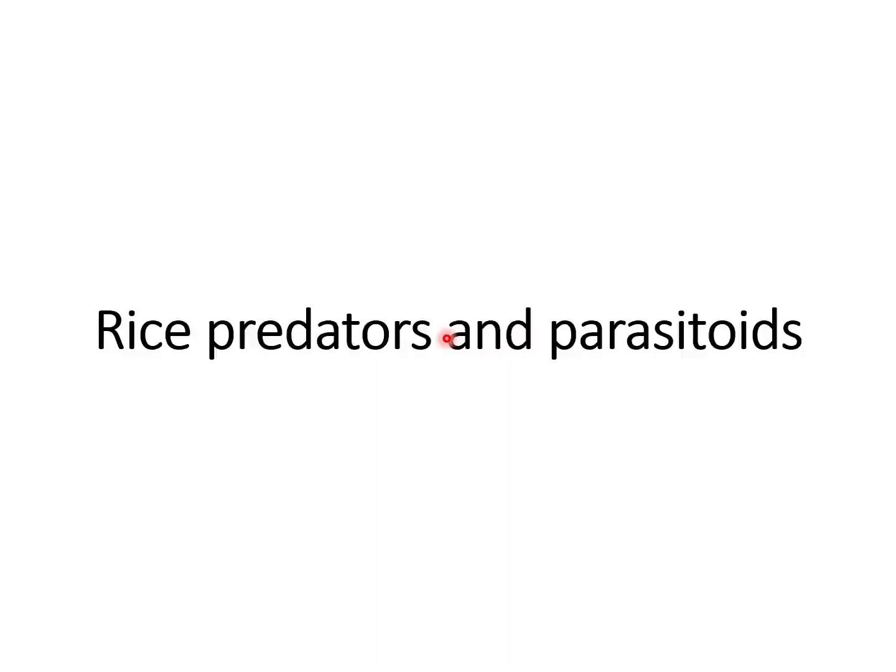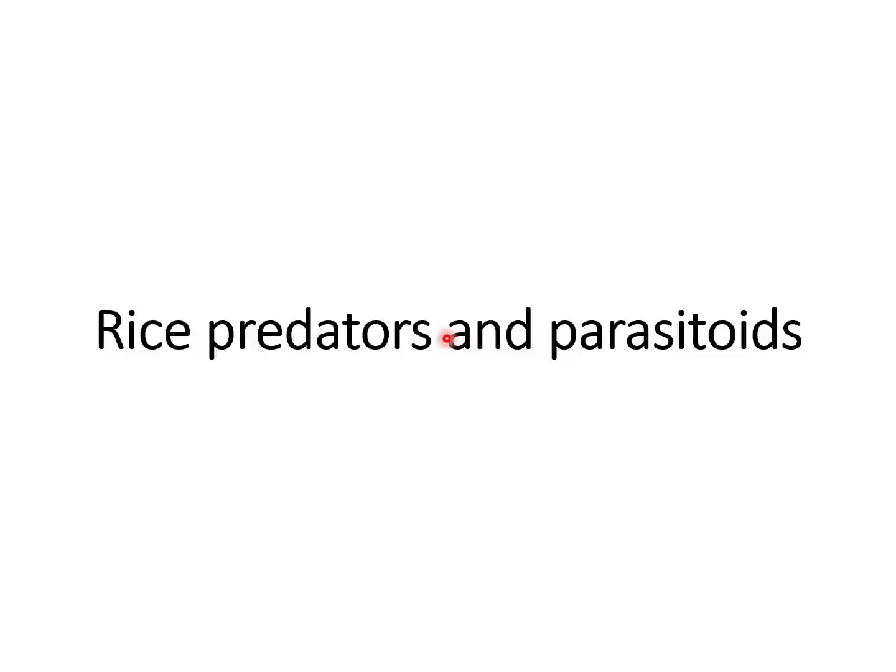Then coming to the next, that is rice predators and parasitoids. Rice is a typical ecosystem which favors the buildup of a number of natural enemies. Till now we have discussed numerous insects, but a similar diversity of natural enemies can be observed in rice fields.